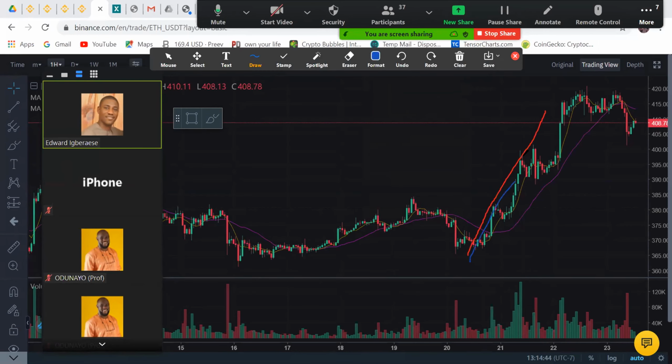When the market is going up like this, you can buy at the bottom here, sell at the top. This you enjoy for spot, that's long. So you buy low, you sell high when the market is going up. When you get to the top, you step aside, you wait for the market to come down before you buy again.